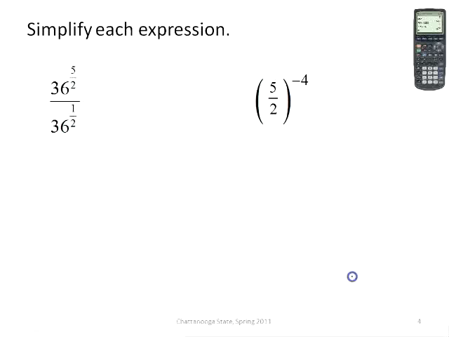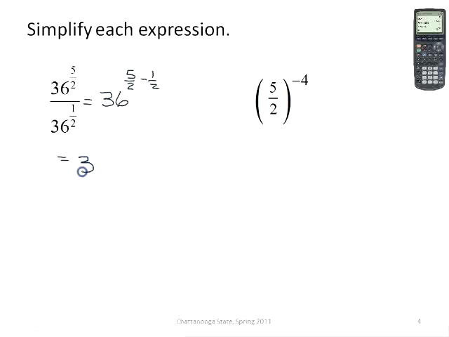Now on this next expression, I need to go back and remember some of my properties of exponents. When you multiply and your base is the same, you keep the base and you add the exponents. If it's division and your base is the same, you subtract the exponents. So the base stays at 36, but my new exponent would be 5/2 minus 1/2. It's always the exponent in the numerator minus the exponent in the denominator.